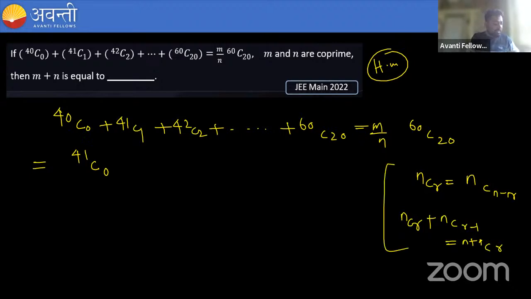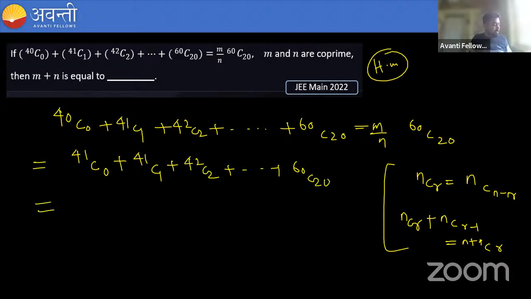So 40C0 can be written as 41C0 or not? Yes. So keep the rest of the terms the same, that is 42C2 up to 60C20.